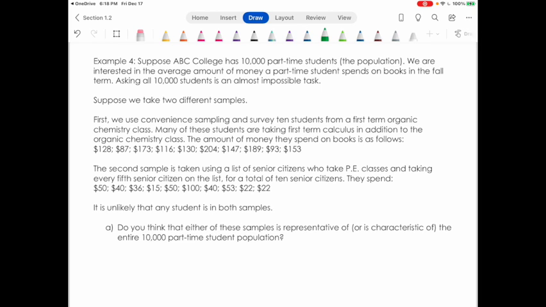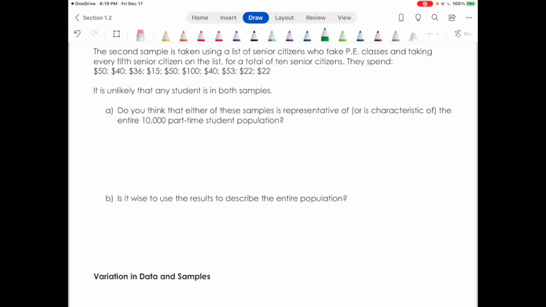And the amount of money they spent on the book is listed there. For the second sample, you use a list of senior citizens who take PE classes, taking every fifth senior citizen on the list for a total of 10 senior citizens. And there's what they spend: 50, 40, 36, etc. So let's go through these questions.